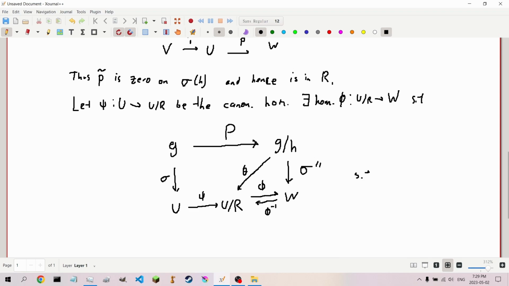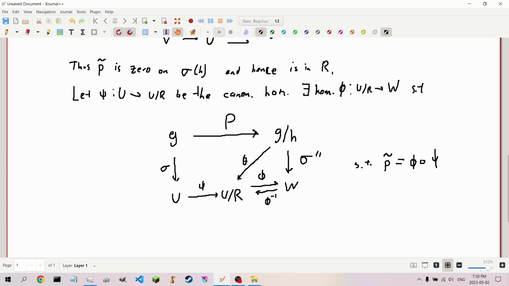And this, of course, such that we can split up that our p tilde from above is being broken down into phi composed with C.